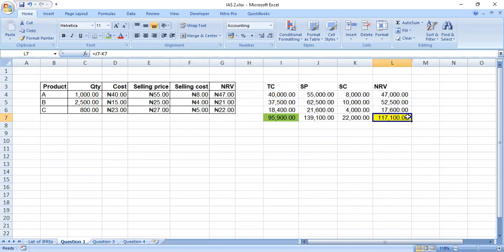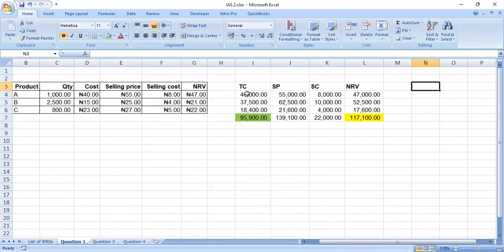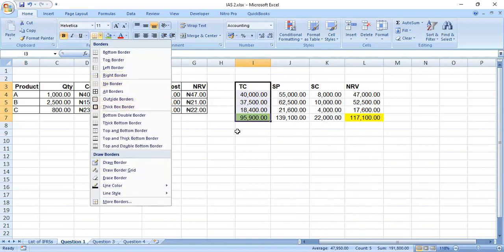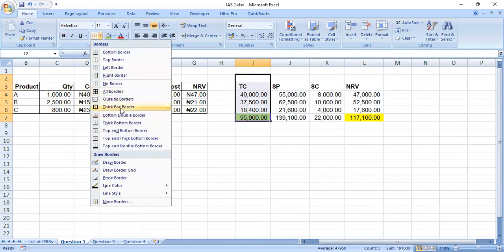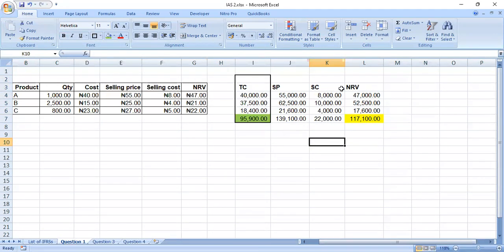So what you simply need to do is come here and select the lower of these. I have my total cost here, so if I can bold this, give it a thick border, I have my total cost here, and I have my net realizable value here.